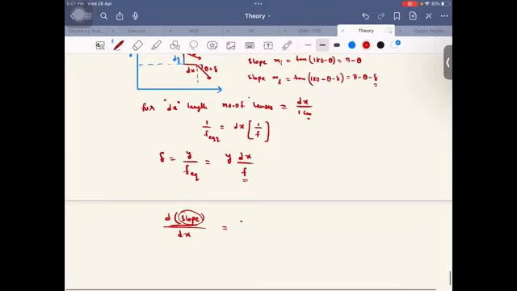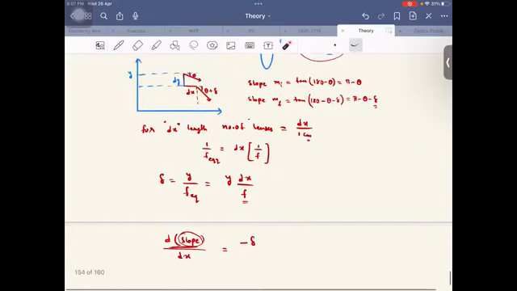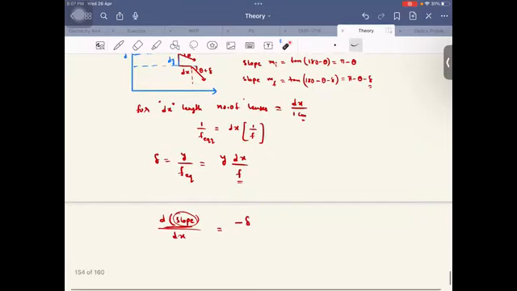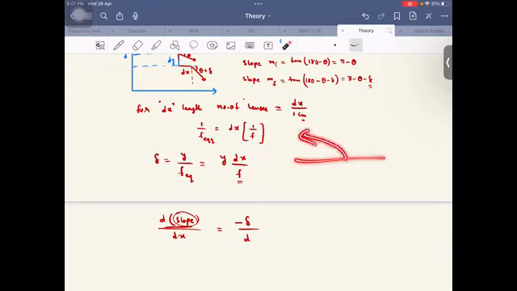Minus delta, because the sense is in the opposite direction. You guys know the angles measured anti-clockwise from the positive x-axis are positive and clockwise are negative. So minus delta by dx.